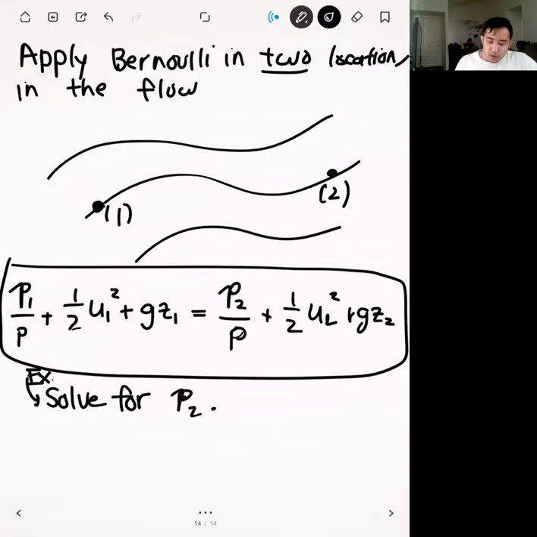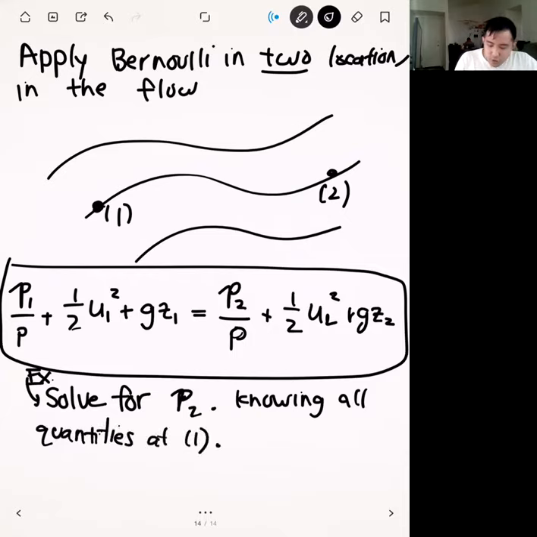Usually you'll know all the conditions upstream, so you'll know the pressure, the velocity, and the height at point 1, and you'll usually know most of the other stuff at point 2.